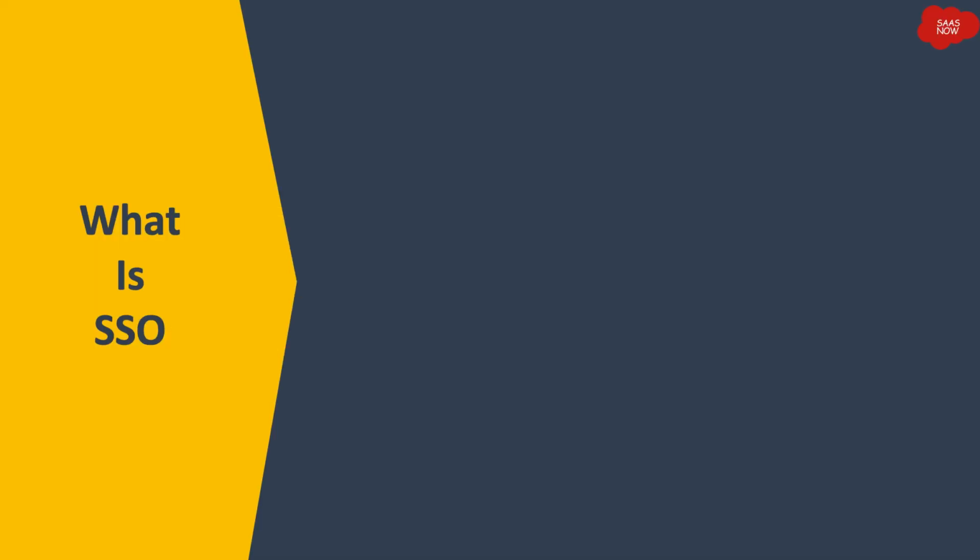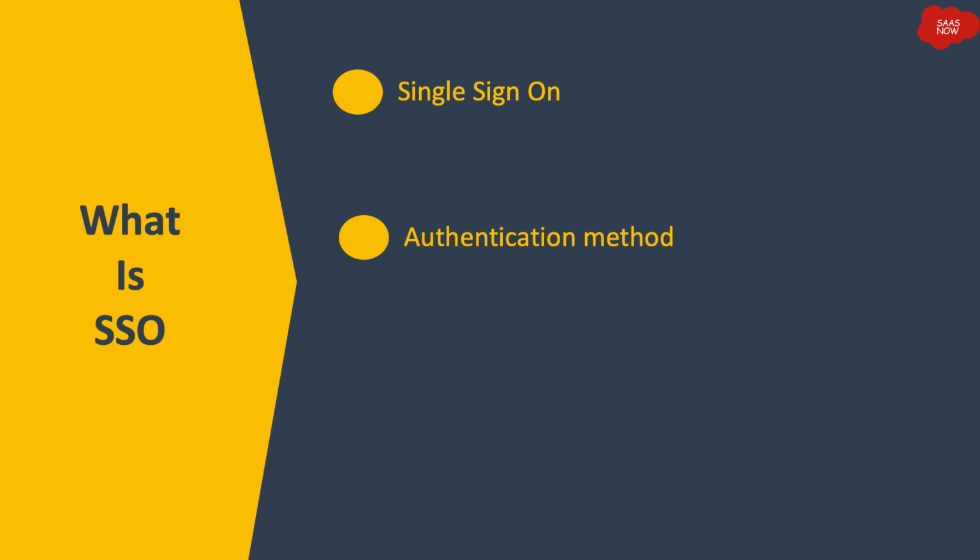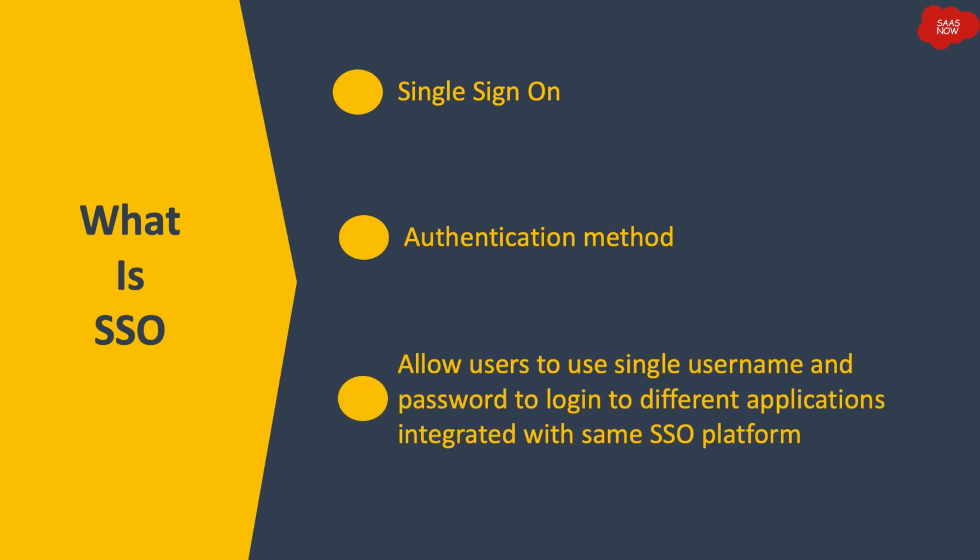Before we talk about configuration of SSO, let's quickly see what is SSO. SSO is called single sign-on, which is an authentication method which allows users to use a single username and password to log into different applications integrated with the same SSO platform, like Google SSO, Oracle SSO.